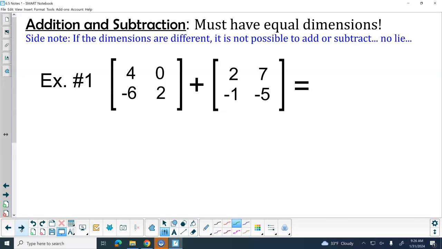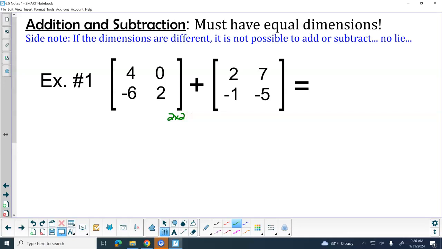So the first thing that you should do is look at the dimensions. What are the dimensions of this first matrix? The 2 by 2. It's got 2 rows and 2 columns, so it is a 2 by 2 matrix. Dimensions of the second matrix?